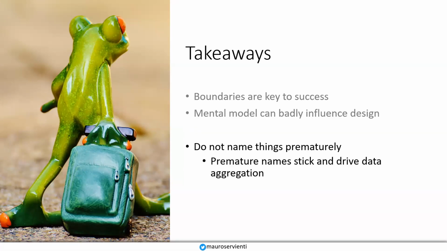Connected to that is do not name things prematurely. So the problem is that names stick. As soon as they talk about shopping cart, as soon as they talk about order management system and so on, it's very easy to adhere to that terminology. And then if we already defined the concept of a product, and all of a sudden someone talks about a price, that price fits into the product.